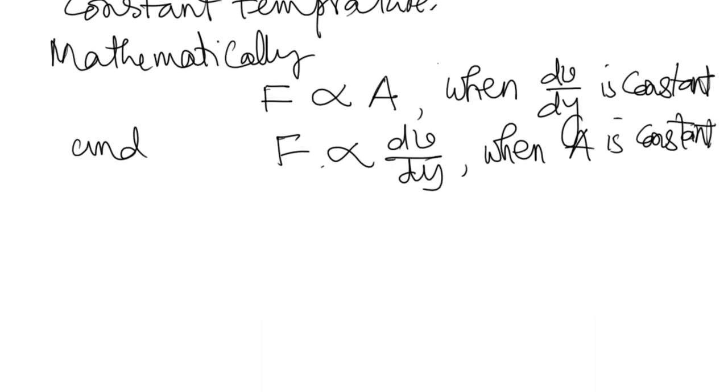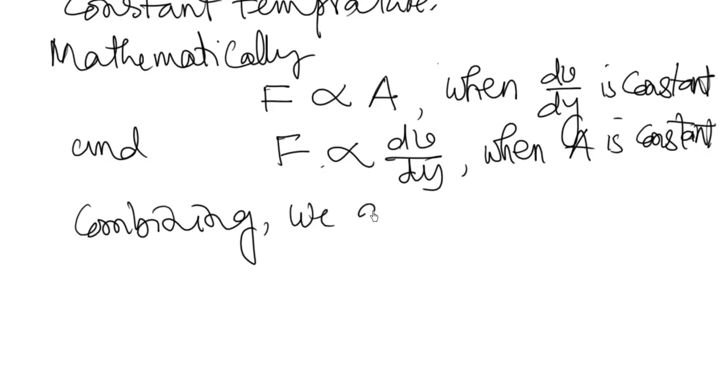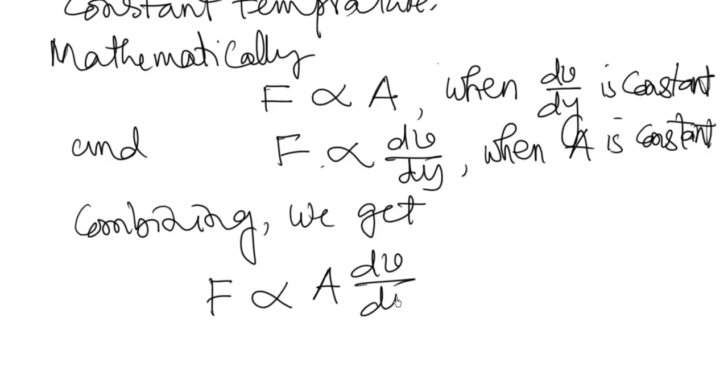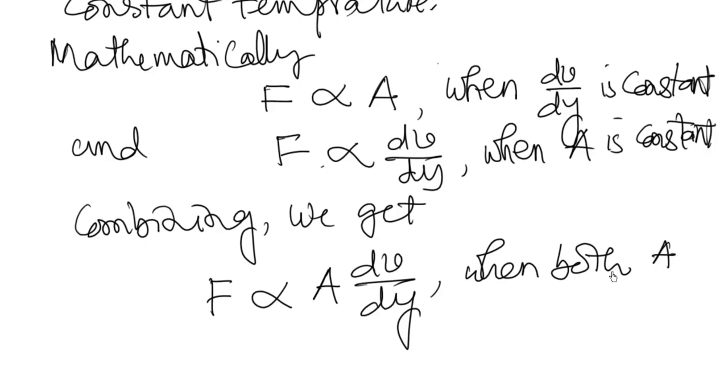If we combine these two, we get F is proportional to A into dv by dy when both A and dv by dy change.